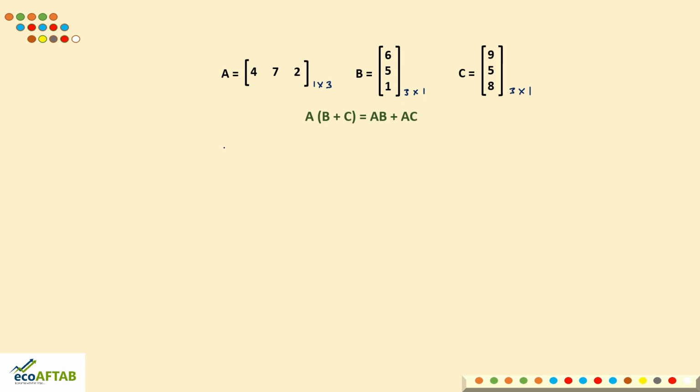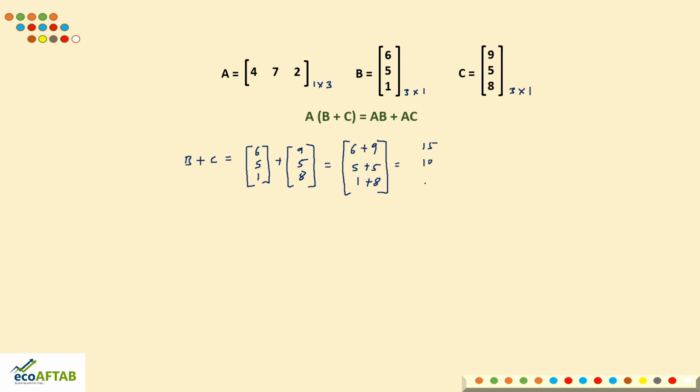So first we need to get B plus C. B plus C is 6, 5, 1 plus 9, 5, 8. So we get 6 plus 9, 5 plus 5 and 1 plus 8. This gives us 15, 10, 9.